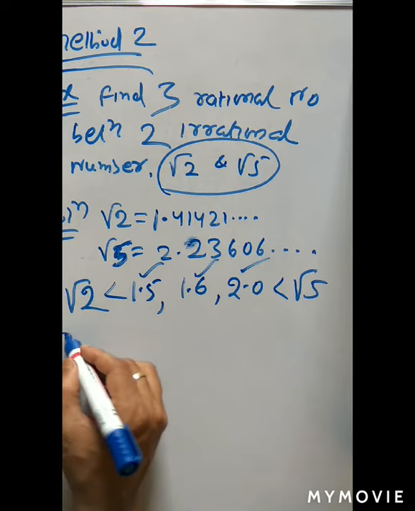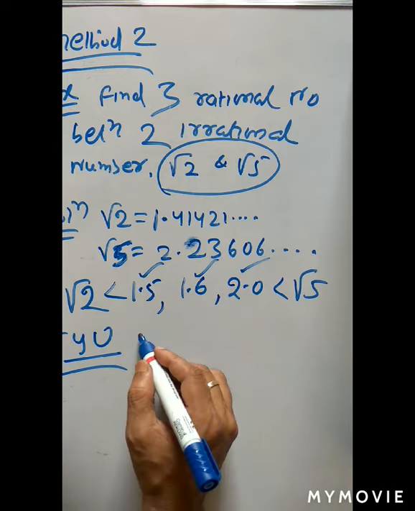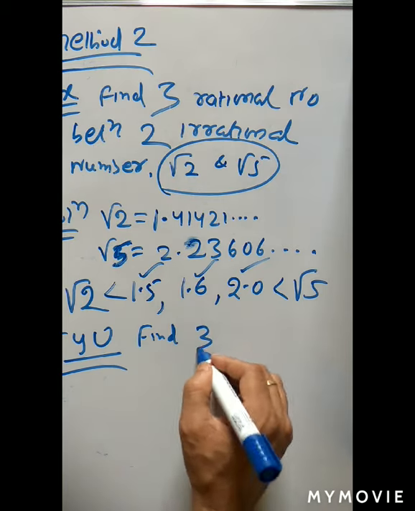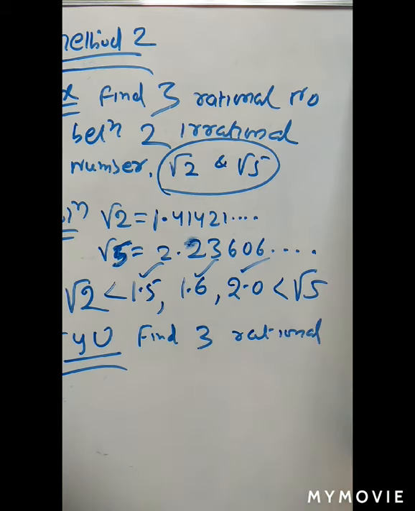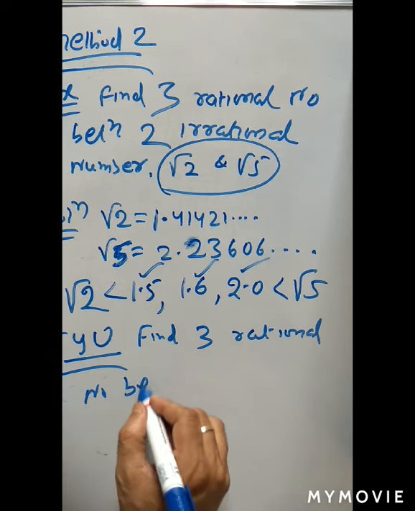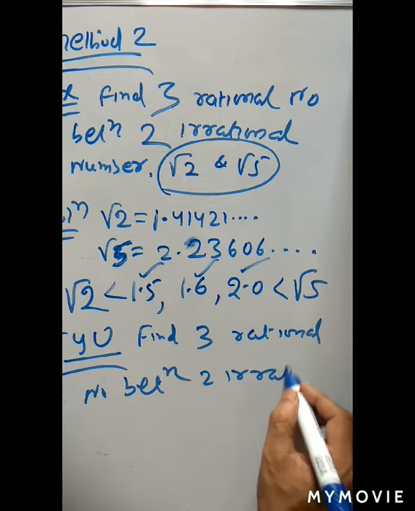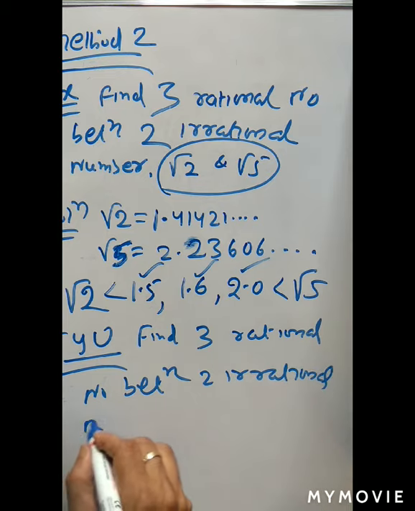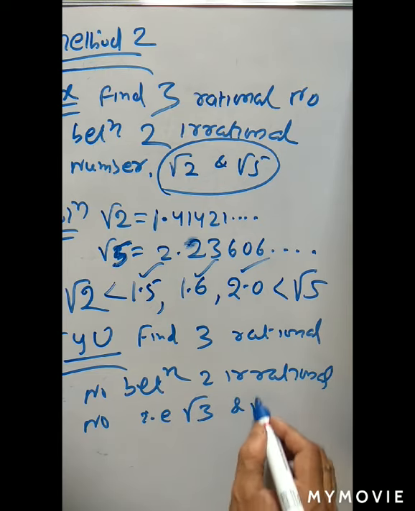So immediately I am giving one homework. You try at your home. The question is, find 3 rational numbers between two irrational numbers, that is root 3 and root 7.